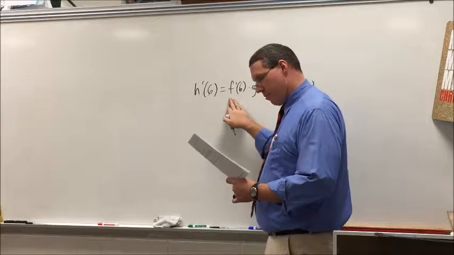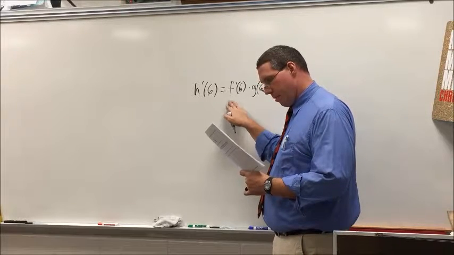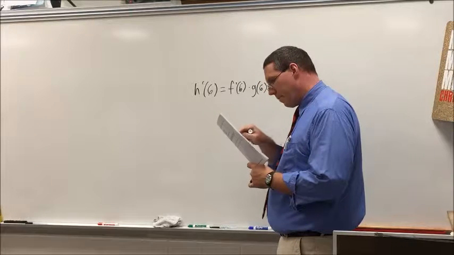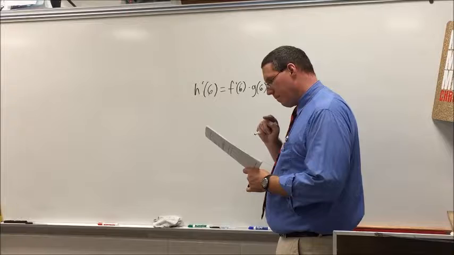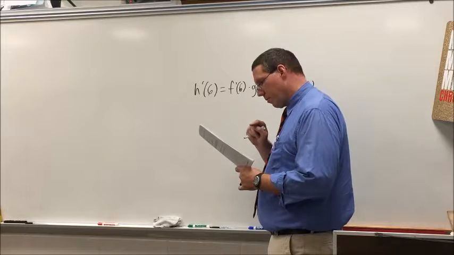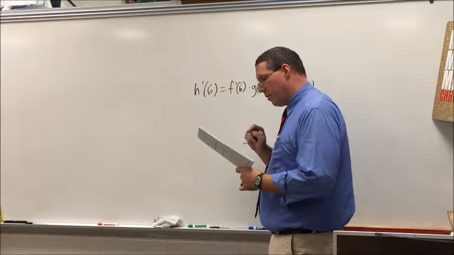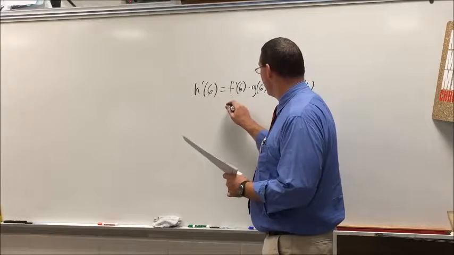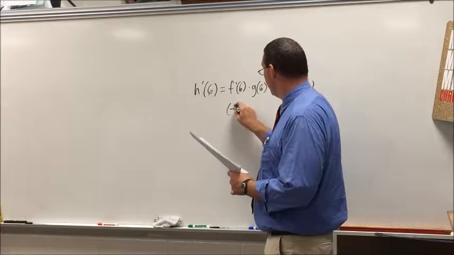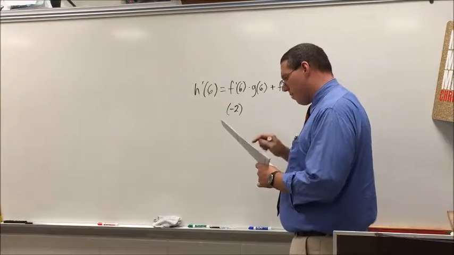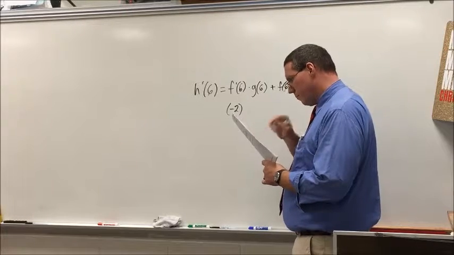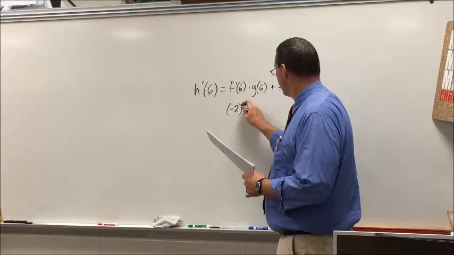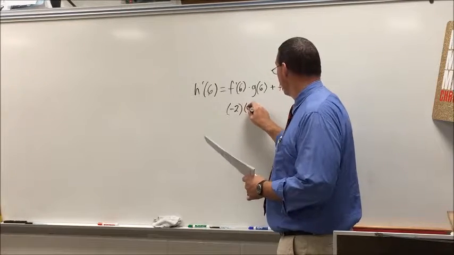What's f prime of 6? We have to go all the way over to 6. 3, 4, 5, 6. Which one's f? Oh, this one. What does f prime mean? The slope. Okay, so it's negative 2. All right, and what's g of 6? 4.